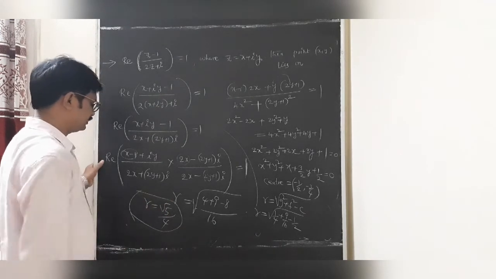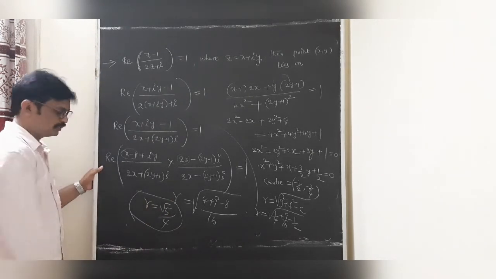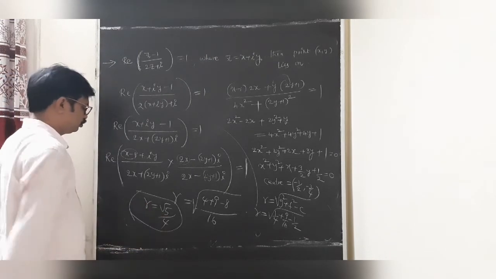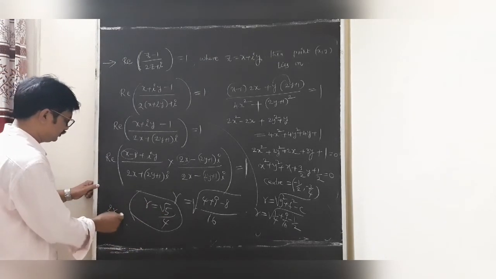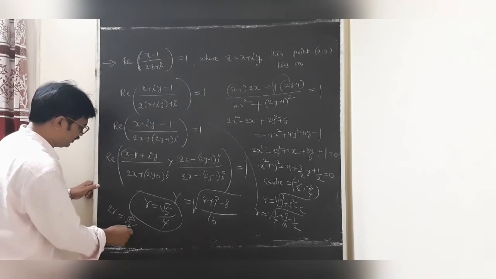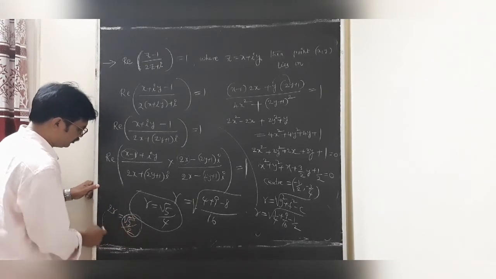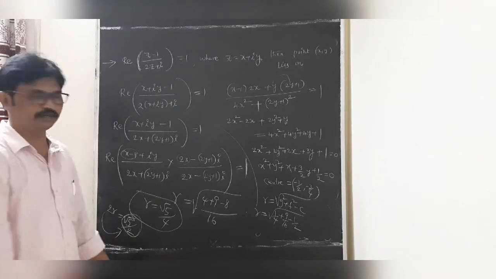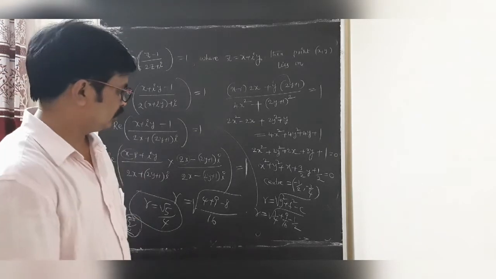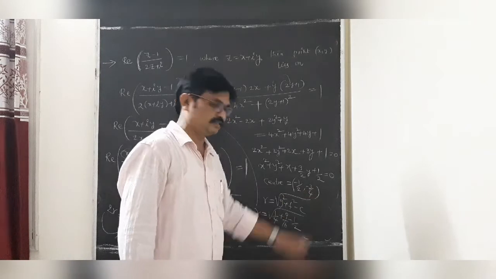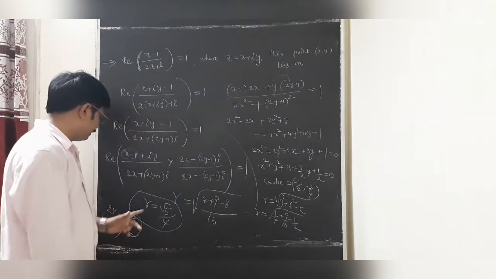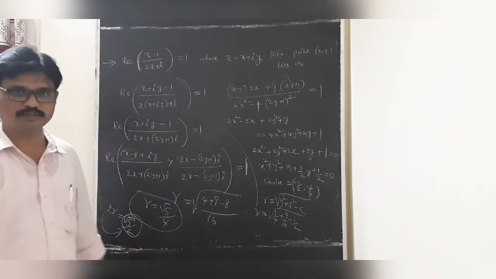This is the radius. So the diameter, students, is root of 5 by 2. 2r is the diameter, that is root 5 by 2. The suitable option is root 5 by 2 as the diameter. Okay students? So the center is minus 1 by 2, minus 3 by 4, and the diameter is root 5 by 2. Okay students?